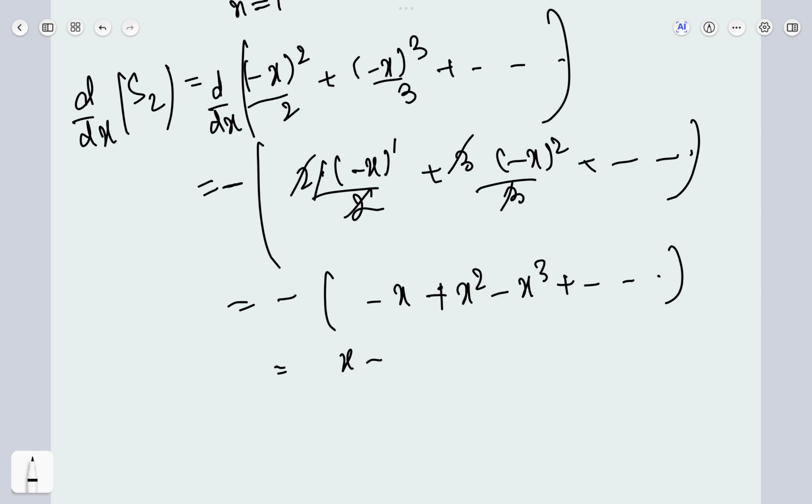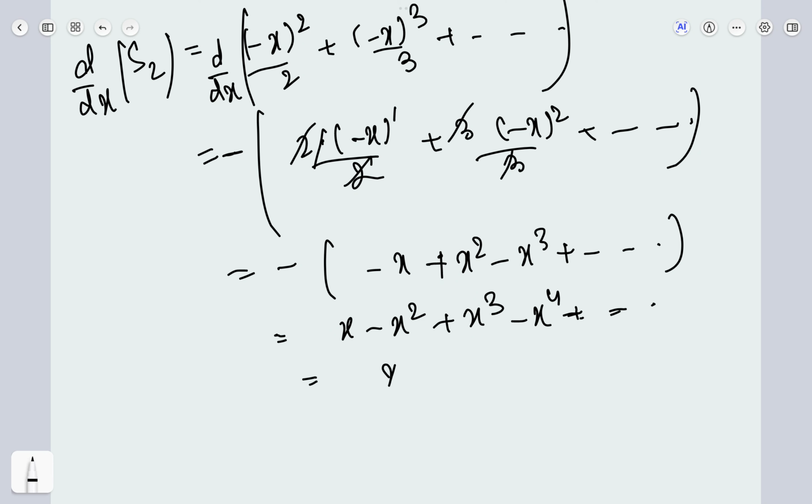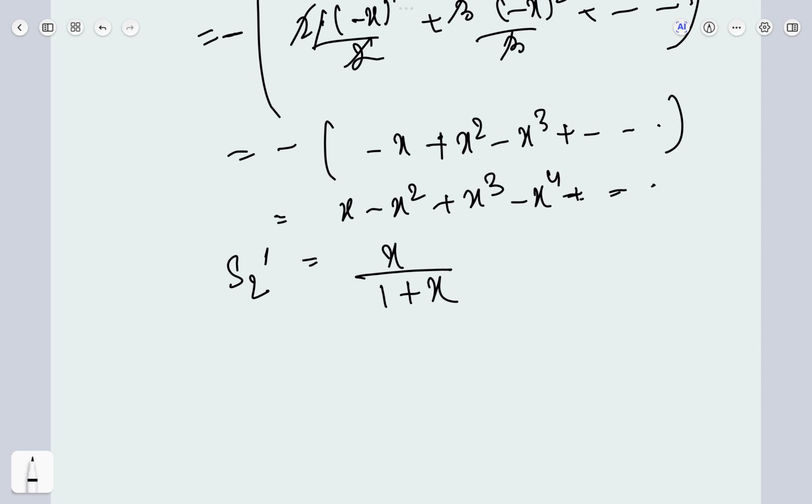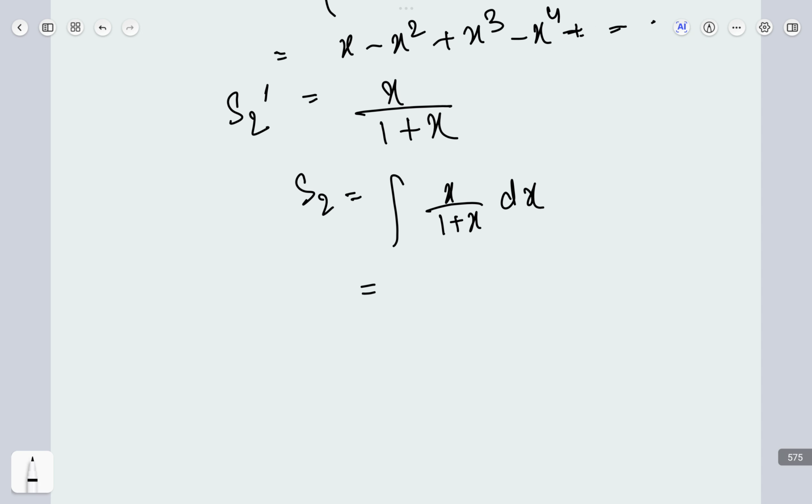So this is x minus x squared plus x cube minus x power 4, and just like that. So this is x upon 1 plus x, right? S2 dash, I can write it that way. I hope that's fine. Yeah, so S2 is equal to the integral of this, which is basically 1 plus x upon 1 plus x minus 1 upon 1 plus x.